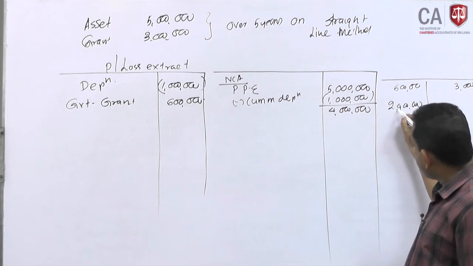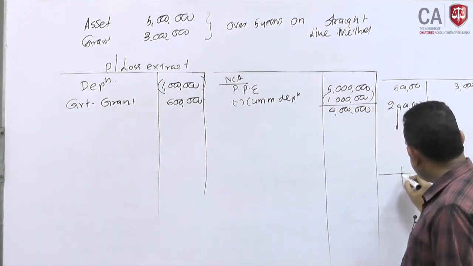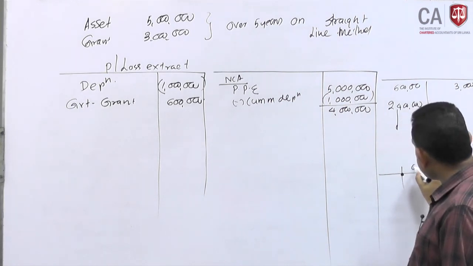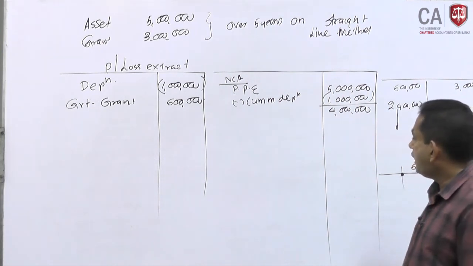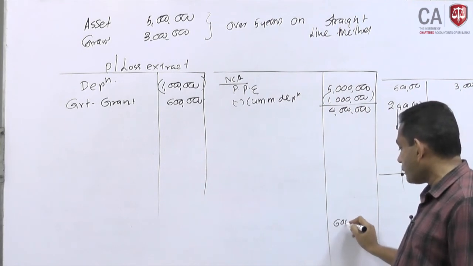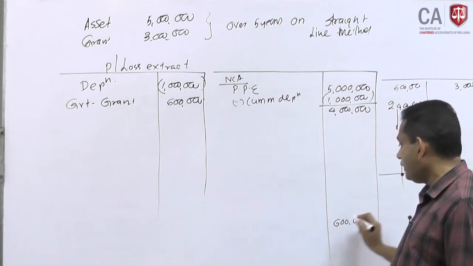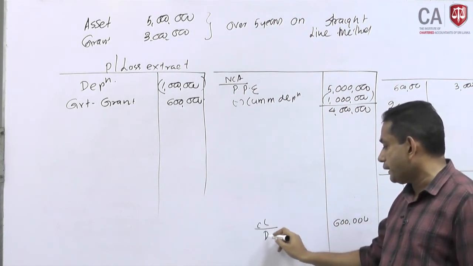Out of 2.4 million rupees, another 600,000 needs to be released to profit and loss within the next year, and that 600,000 which is due to be recognized to profit and loss in the next year should be shown in the balance sheet under current liabilities, say deferred revenue.